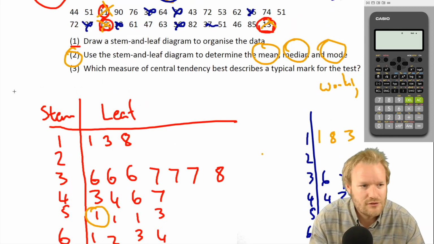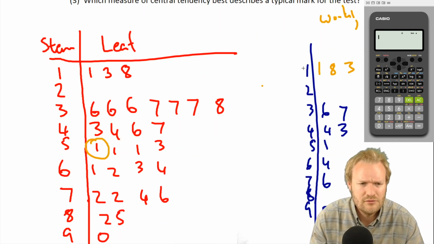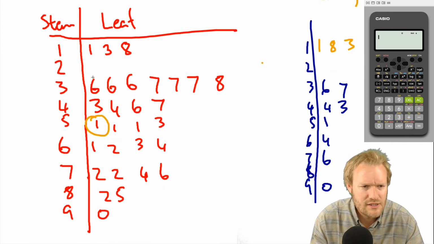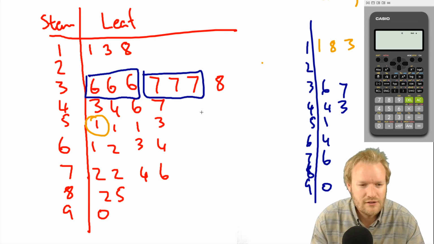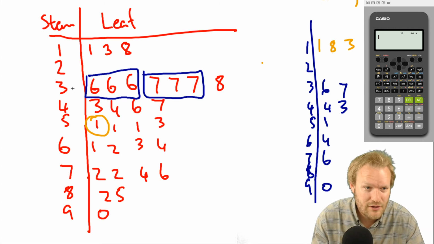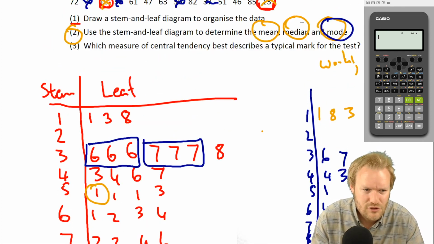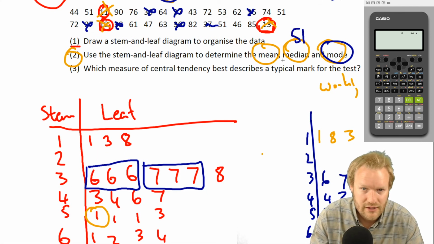Righto, let's do the mode. What is the mode again? It's the one that occurs most often. Well, it looks like there are two modes. These two here, right? So remember, the median was 51, and the modes are 36 and 37.